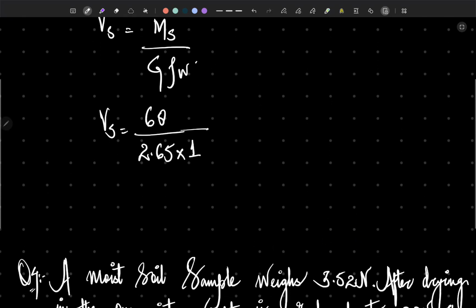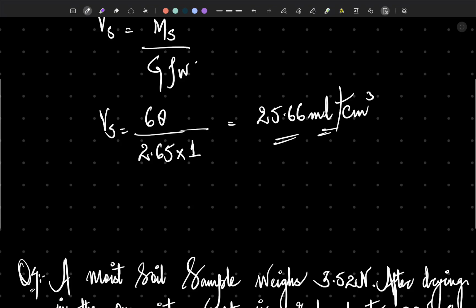So by calculations, it is equal to 25.66 milliliters. By calculations, we have found the volume of solids. It is equal to 25.66 milliliters, or we may also say 25.66 cubic centimeters.